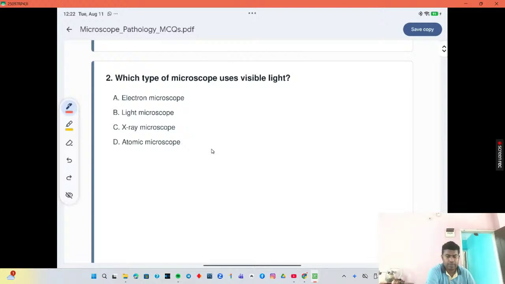Here, the answer of this question is given in the option itself. Can you see? The answer of this question will be light microscope. So, which type of microscope uses visible light? It will be light microscope.